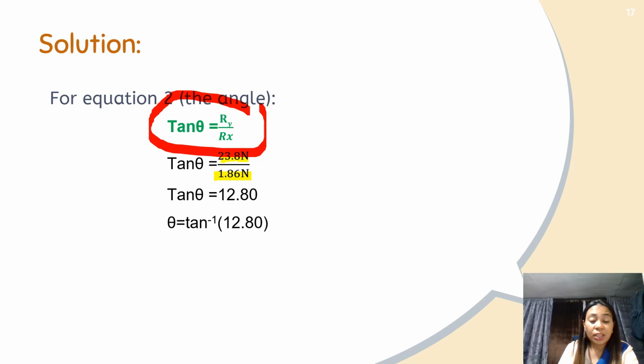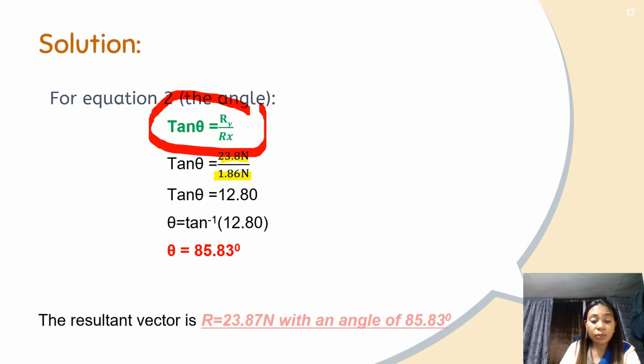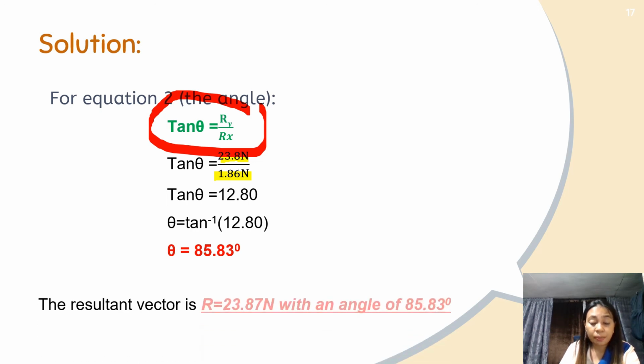That means your theta is equal to the tangent inverse of 12.80, and it will give you this. So the resultant vector is 23.87 newtons with an angle of 85.83. So this is our final answer.